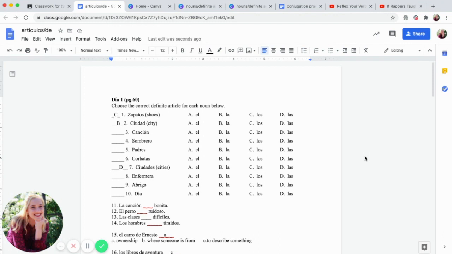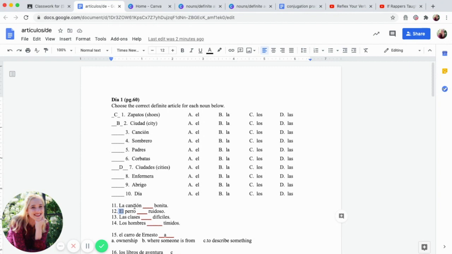Okay? Yeah. All right, let's look at number 11. We're saying the song is pretty. So what we're doing now, we already have the definite article. It's already giving that to us. La canción, el perro, las clases, los hombres. Now we need to decide which version of ser, of to be, are we going to use.